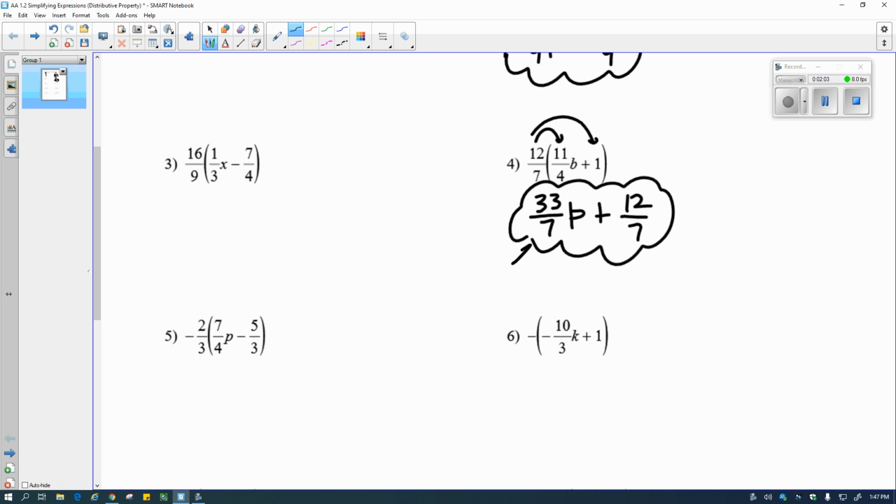On your calculator, this one might have shown up a little bit different. Maybe it showed up as 4 and 5/7 when you combine that in. You can't put the b in your calculator, so you'll do 12/7 times 11/4. And it would either show the improper form, the form I prefer, or the mixed number form, depending on the calculator you have.